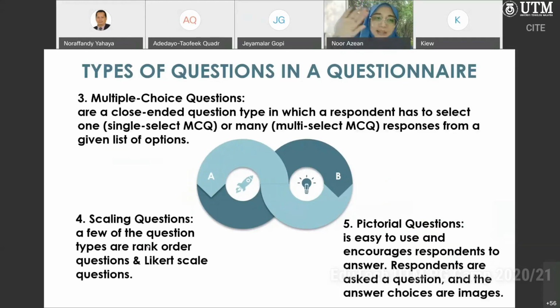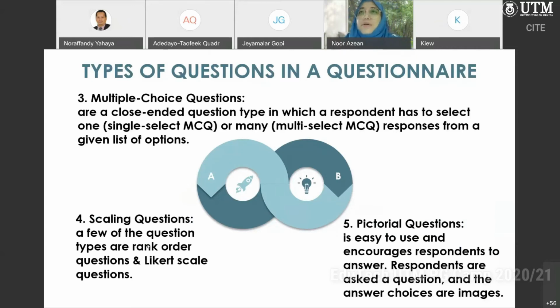Okay, we have number three. This is under questionnaire also. Actually, there are so many styles of questionnaire. Number three, the multiple choice question. We have the questionnaire based on the MCQ.